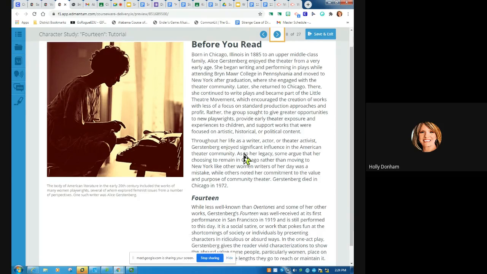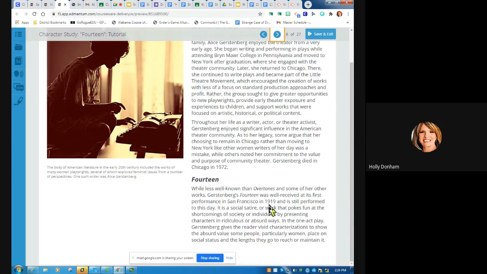And then you've got some background information about the short story, the drama itself, the play. Okay? It's important for you to stop on this slide and read all of it. Don't just skip it because there's a lot of words.